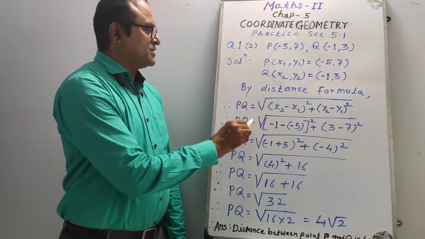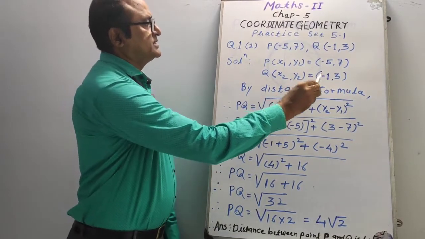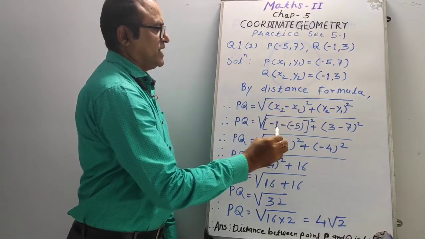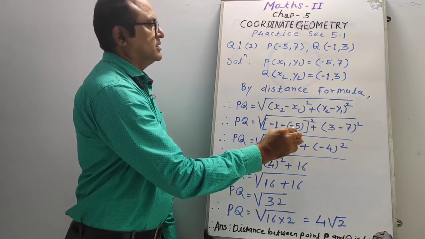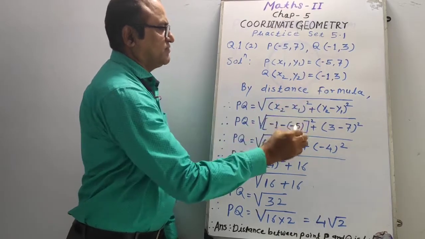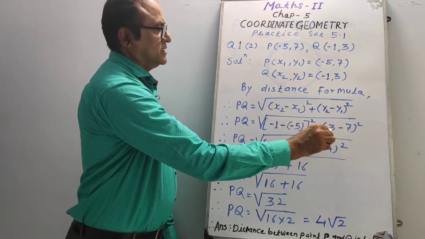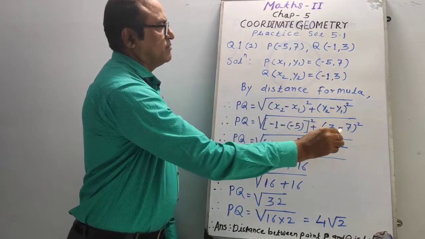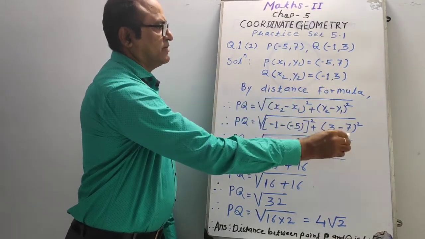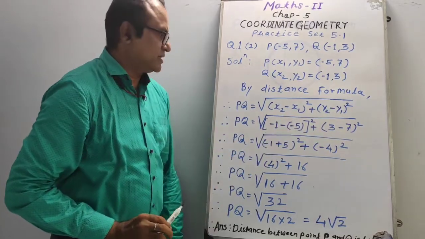Therefore PQ is equal to root of (x2 value is -1 minus (x1 value is -5)) whole square plus (y2 value is 3 minus y1 value is 7) whole square.